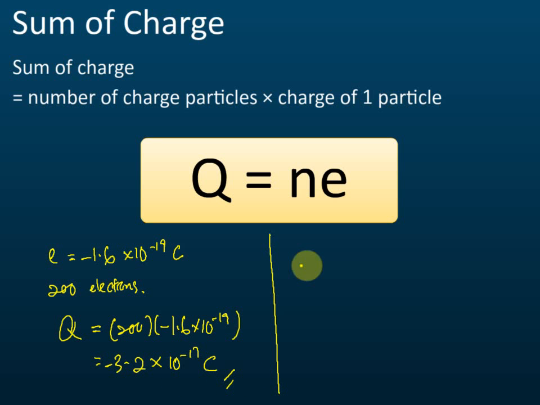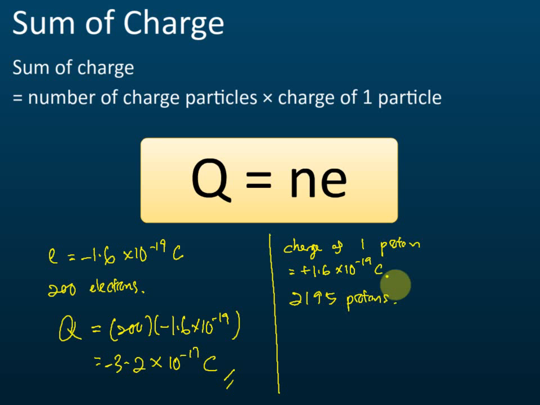Now just now we learned that the charge of one proton has the same value, 1.6, but it's positive, positive 1.6 times 10 to the power of negative 19 Coulomb. And let's say we have 2,195 protons.